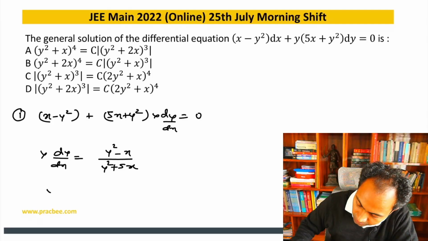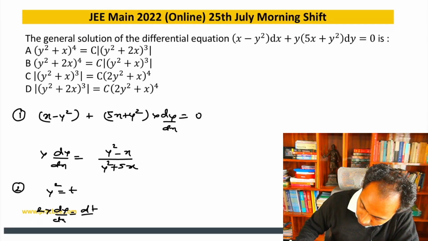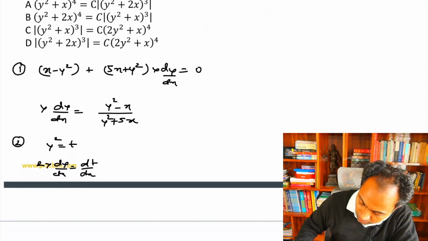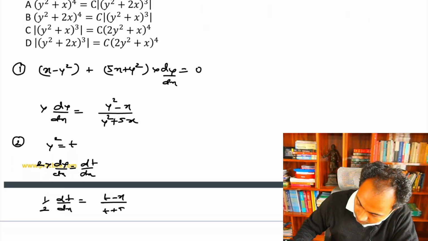So what we can do is put y square equal to t in the next step. If I do so, 2y dy by dx will be equal to dt by dx, and as a result this equation will become a homogeneous equation. Now this becomes (t minus x) by (t plus 5x).